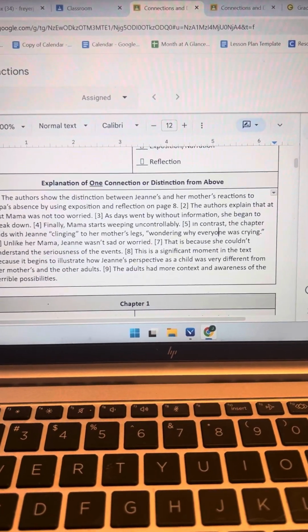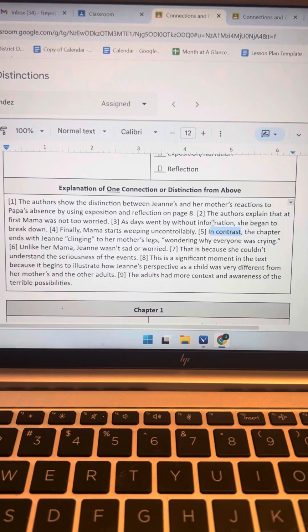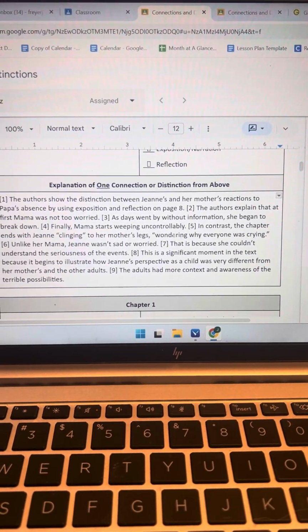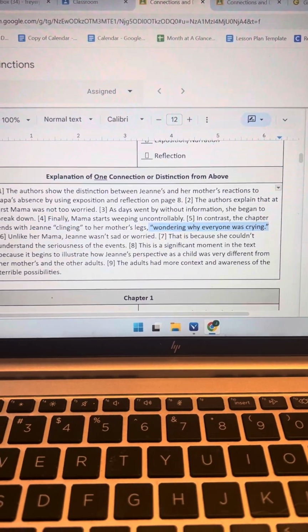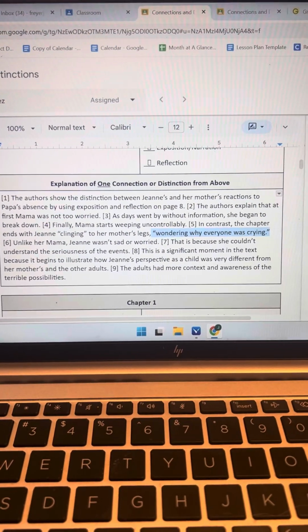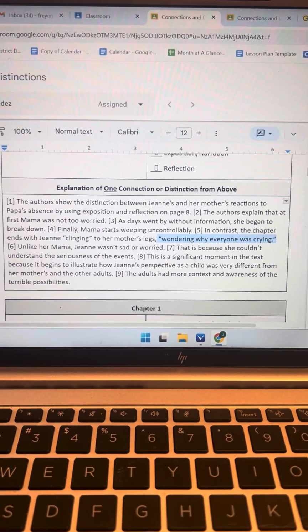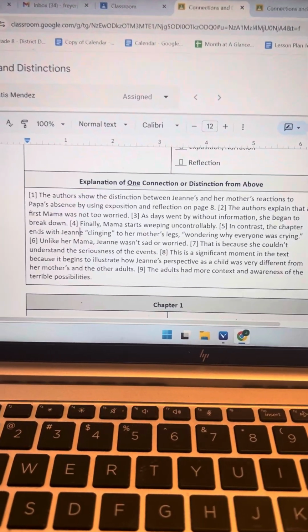In contrast, so we have that transition in contrast to remind the reader we're talking about what's different. The chapter ends with Jean clinging to her mother's legs, wondering why everyone was crying. So you could see we have quote marks, which is telling us that this is the evidence from the chapter. You do need to pull evidence from the chapter to support your answer.